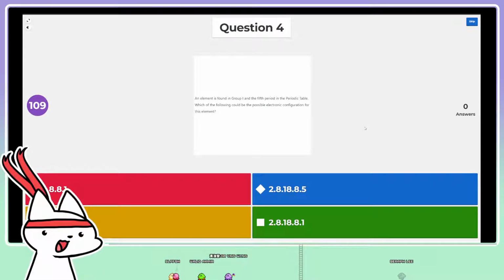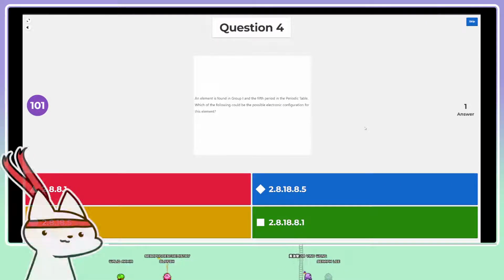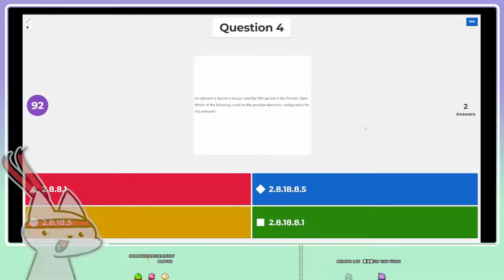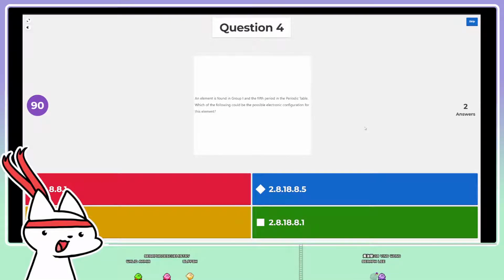This is from the electronic configuration and how you determine the groups and the periods. Some students may be stumped by 18. 18 is possible, however, it's not a very common thing in O levels. It's more common when you are at a higher level of chemistry.